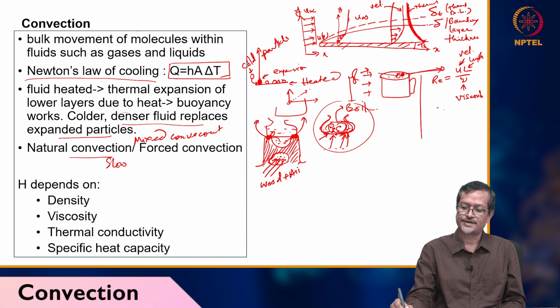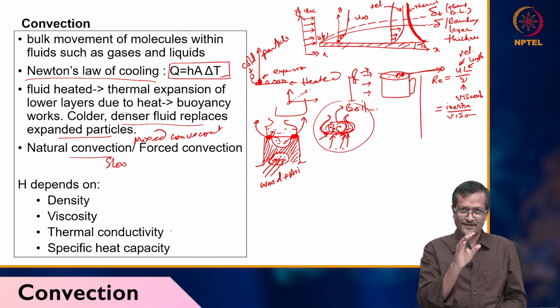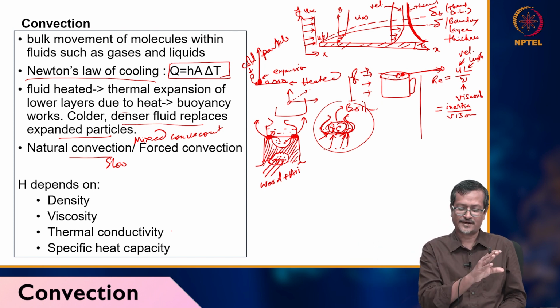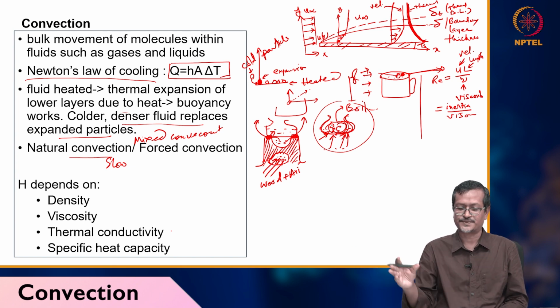So this is inertia force by viscous force. If the Reynolds number is very high, that means fluid velocity is very high. When fluid velocity is very high, a hot particle moves quickly, then a cold particle comes and moves quickly. So a high Reynolds number means a high heat transfer rate.